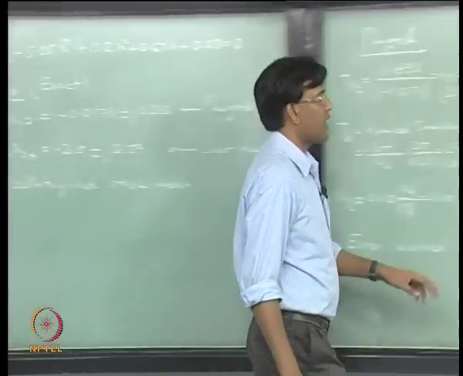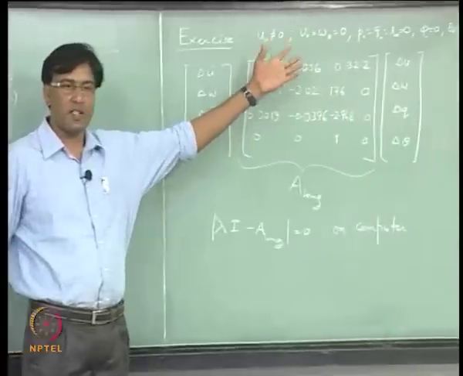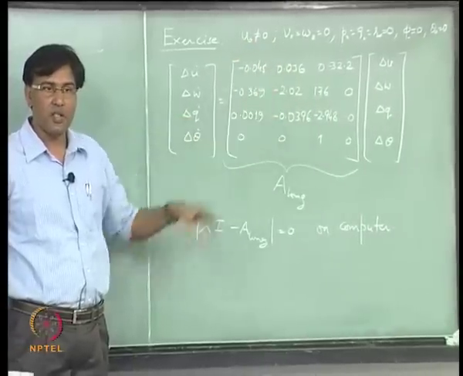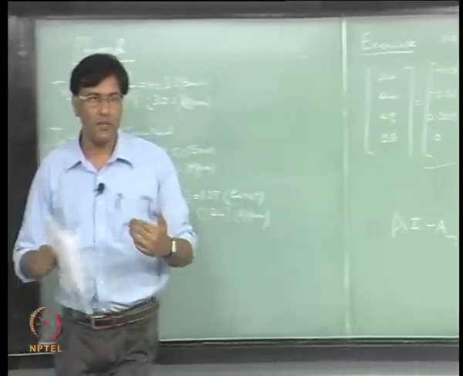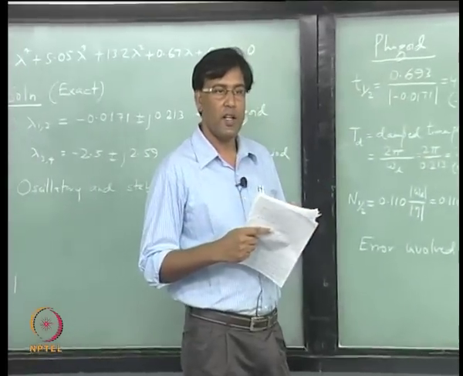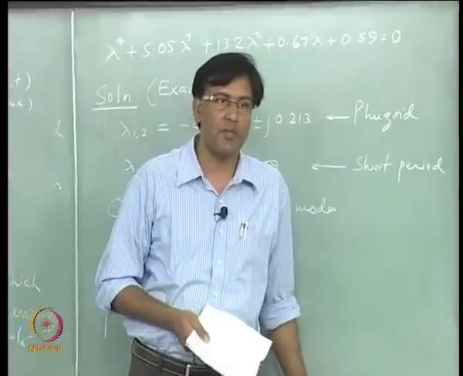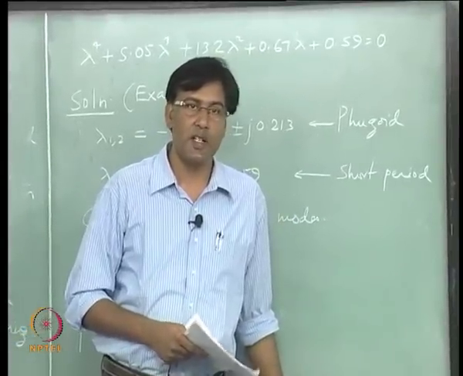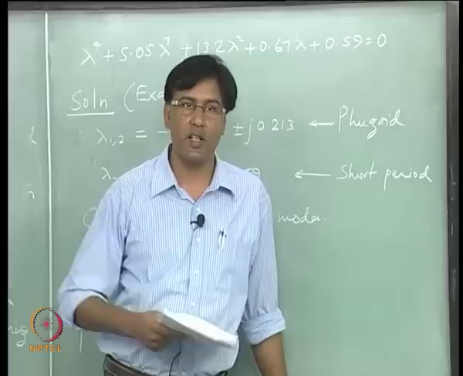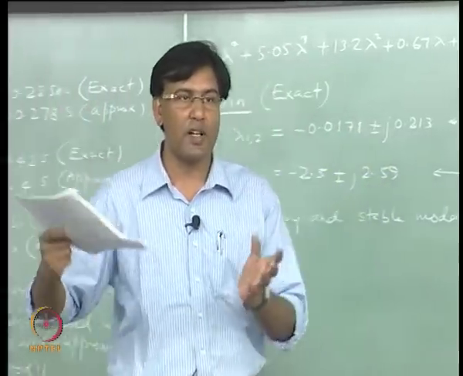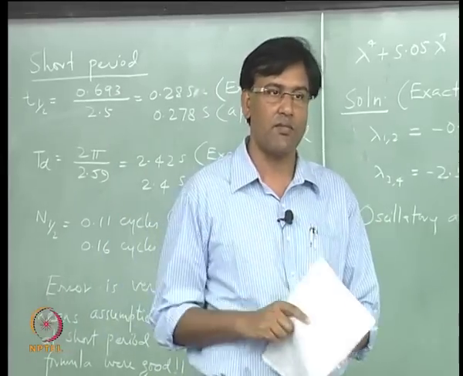You will have all kinds of terms here, Xu, Xw and all that. If you arrive at expressions for eigenvalues using the exact method, then the expression is going to be huge, and each eigenvalue will depend upon everything.